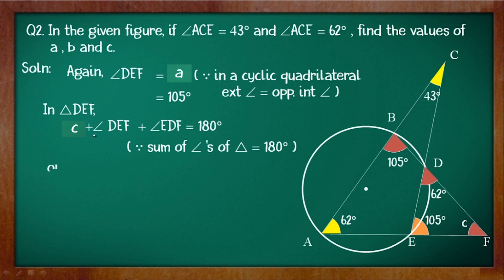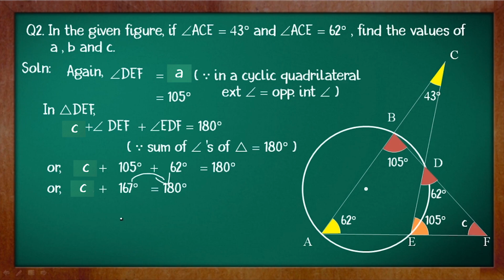Now putting the values of DEF and EDF, we have 105 plus 62. Adding this gives 167, and taking 167 to the other side, we get angle C to be 180 minus 167, so angle C is equal to 13 degrees. This is the measurement of angle C.